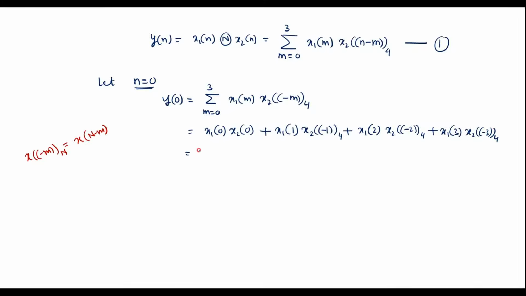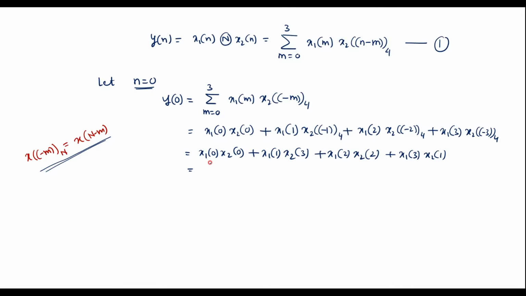Simplifying, that is x1 of 0, x2 of 0 plus x1 of 1, x2 of (minus 1) modulo 4, which we can write as x2 of 4 minus 1, that is x2 of 3, plus x1 of 2, x2 of 4 minus 2, that is x2 of 2, plus x1 of 3, x2 of 4 minus 3, that is x2 of 1.